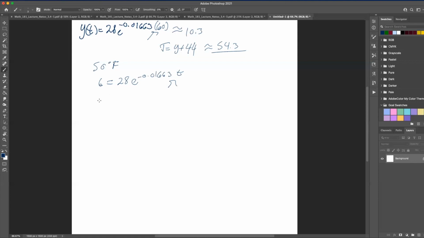And that'd be the same thing we did before. So 6 over 28, take the natural log. Gives me minus 0.01663 t. And then if you solve for that, you're going to get t is roughly equal to 9.26 minutes.